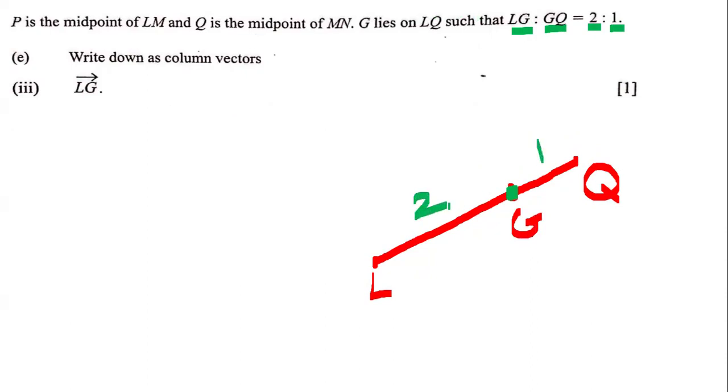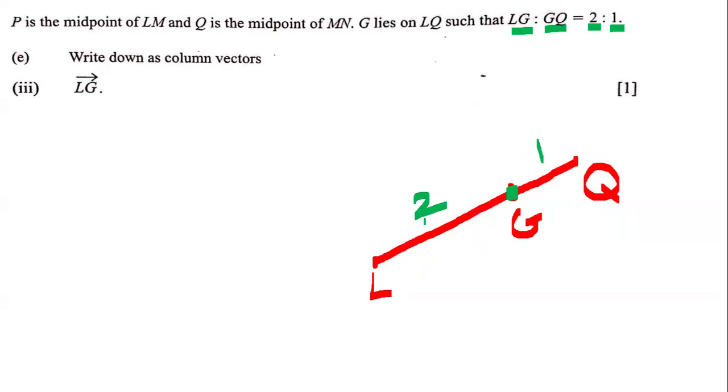So if this is 2 to 1, that means that the entire line is going to be what? So LQ, if LG accounts for 2 equal parts, and GQ accounts for 1 equal part, that means that the entire line is 3.